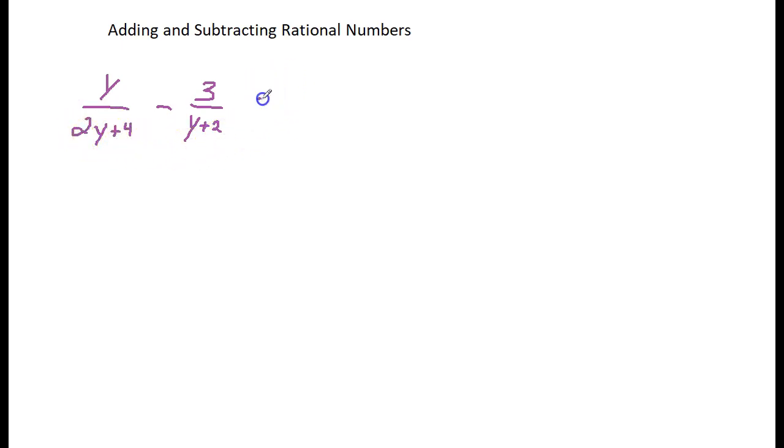So my common denominator, which is also known as your least common multiple, is going to be the y plus 2 times a 2. See, if I take the first one and I factor this out, I'm factoring out a 2 and I'm left with y plus 2. Now this one was already over a y plus 2.